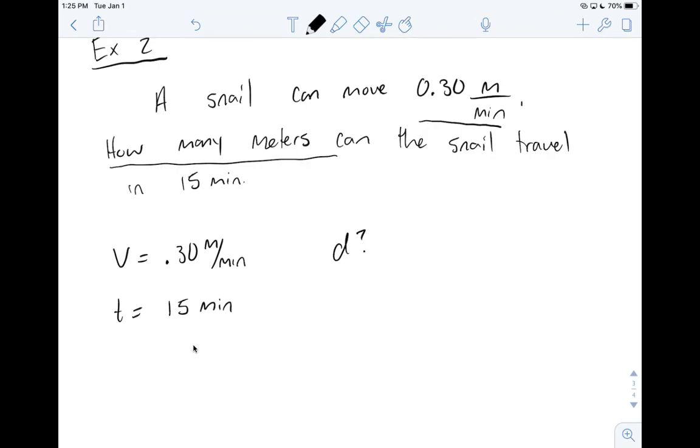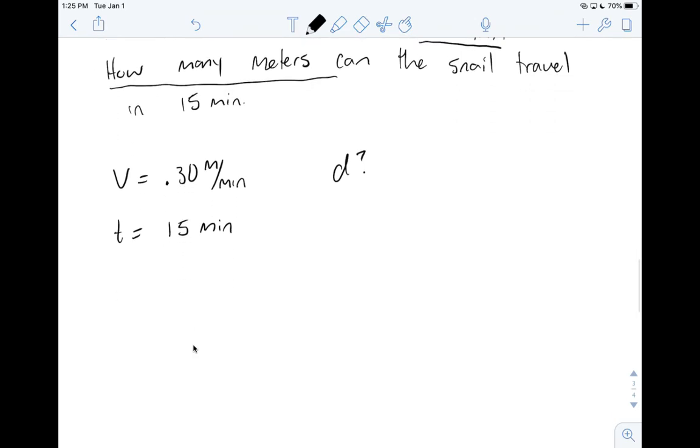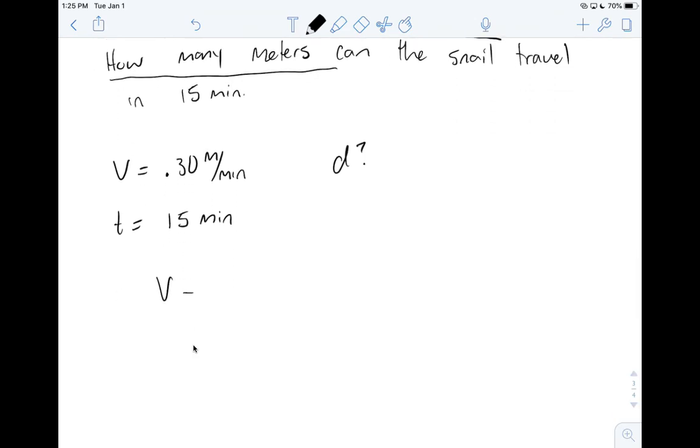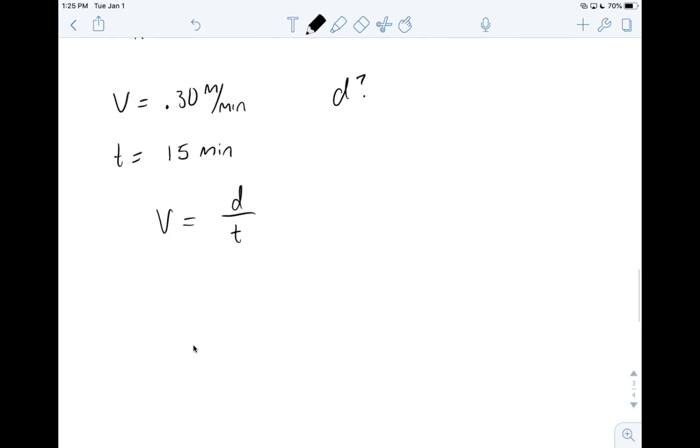Okay, so here's one way you could solve this. We know this equation, v equals distance over time. Let's plug in what we know. So we know v is 0.3. We do not know distance, so we'll just leave it with the letter d. And then time is 15.